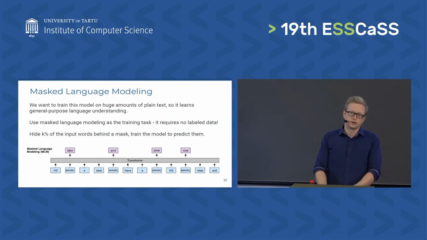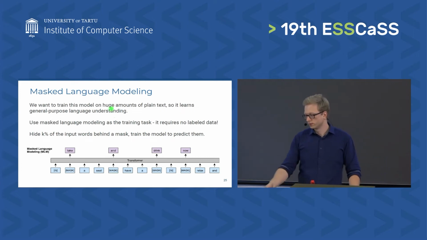One really nice training objective we can use is masked language modeling, because it requires no labeled data. The idea is that we take the input text during training, select some percentage of the words in the input, replace those with the word mask, and then optimize the model to predict what the word behind that mask was.